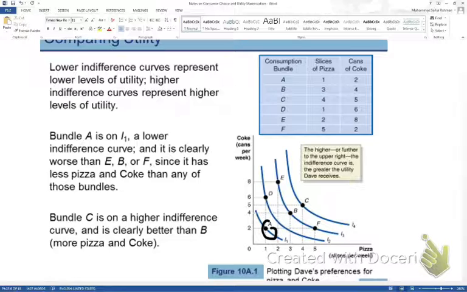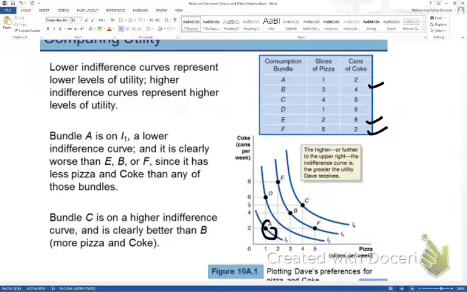You can see clearly that B, then F, then E, all of them are probably better than our bundle A, right? B has 3 slices of pizza.